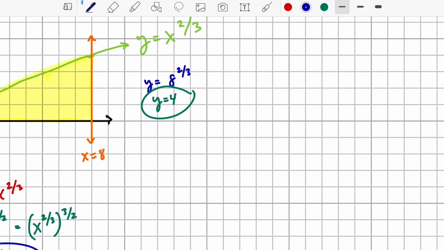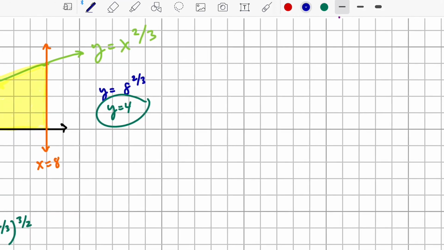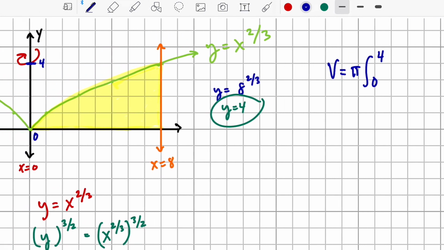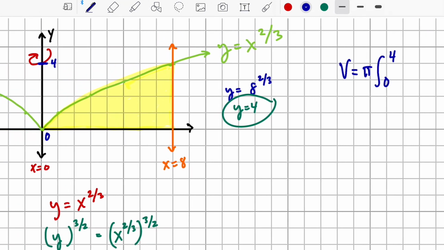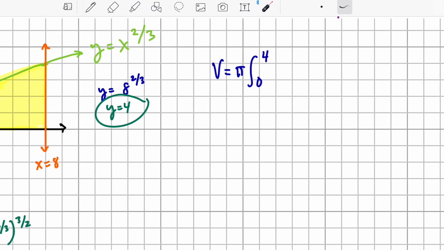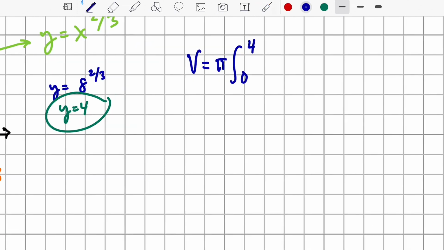So let's set it up. Volume equals pi integral from 0 to 4, we said. Now, this is where it gets a little tricky. People get confused. So the function that is furthest away from the axis of rotation is this vertical line. So it's just going to be 8 minus 0, and then we square it.